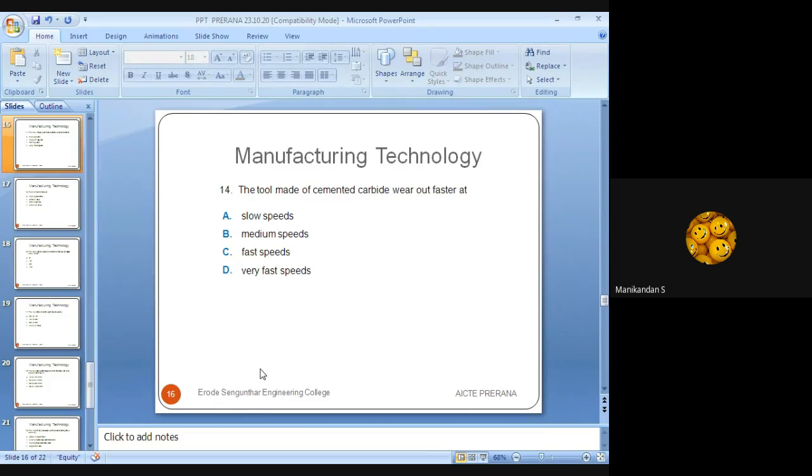The tool made of cemented carbide wears out faster at: slow speeds, medium speeds, fast speeds, or very fast speeds?